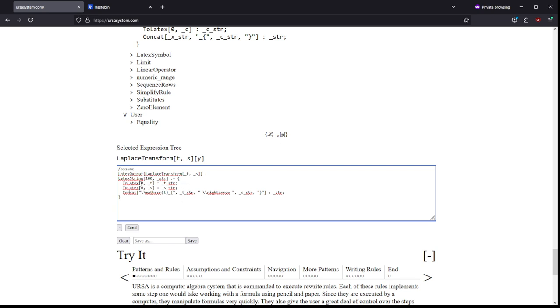So this says that to display Laplace transform t, s, man, all these red squigglies from the autocomplete. Anyway, to display Laplace transform t, s, it takes the LaTeX string for the t, takes the LaTeX string for s, and then concatenates that stuff together with mathscr L underscore t right arrow s.